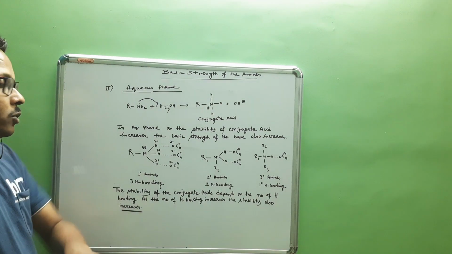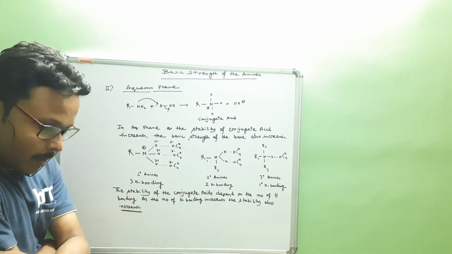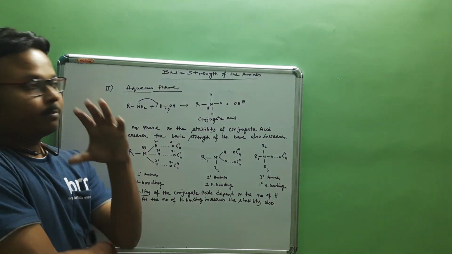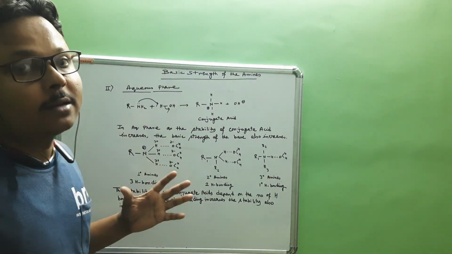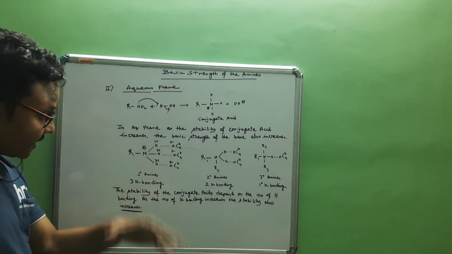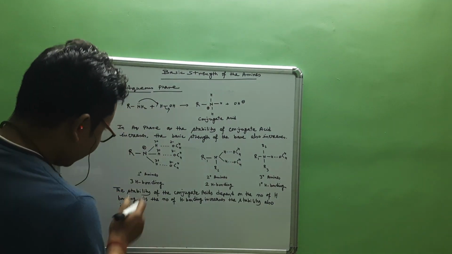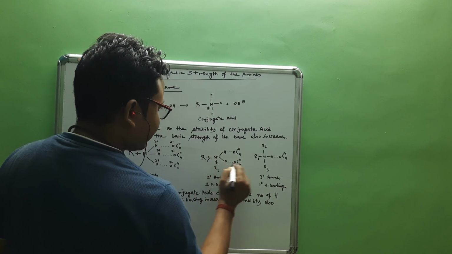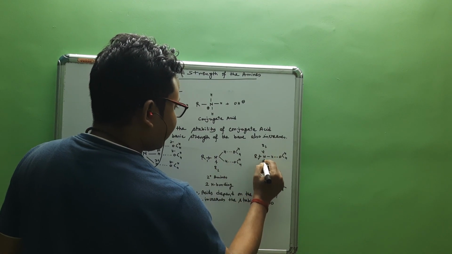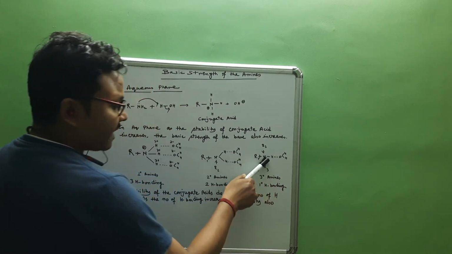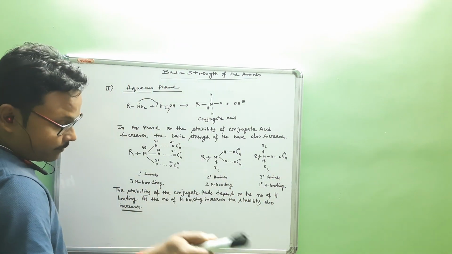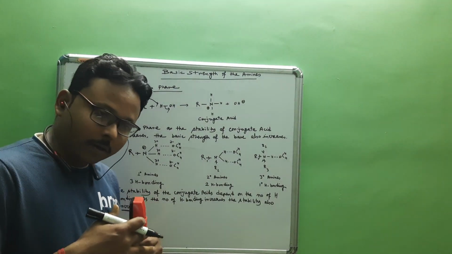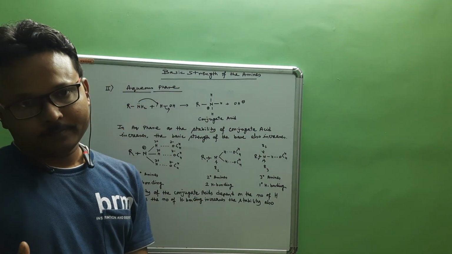Okay, so my dear friends, there are two opposite effects that prevail. One is the inductive effect, the electron pushing effect. The number of inductive effect is highest, but the number of hydrogen bond is lowest. So the inductive effect and the number of hydrogen bonding run opposite to each other.